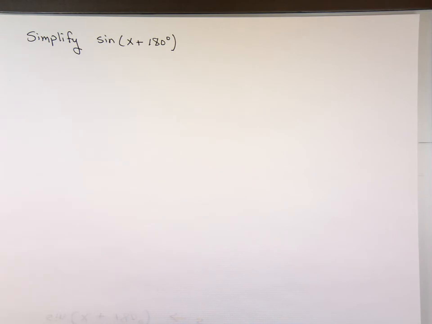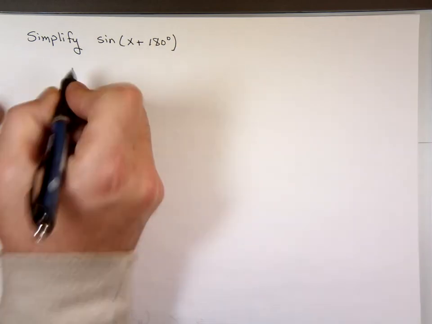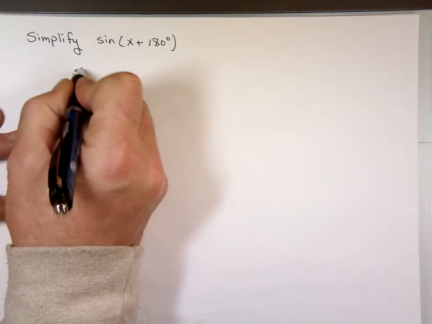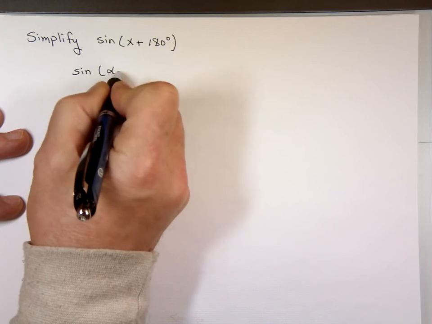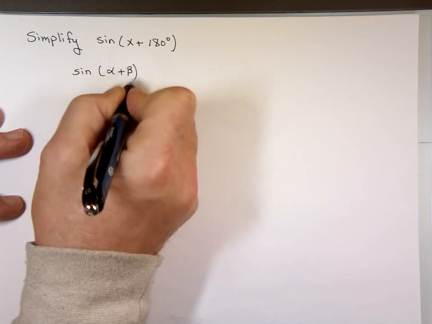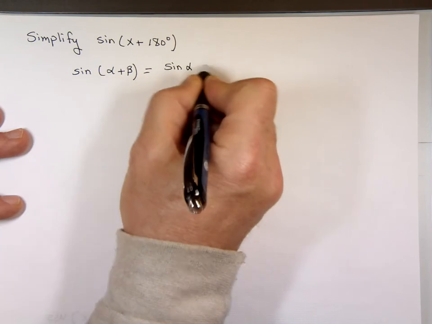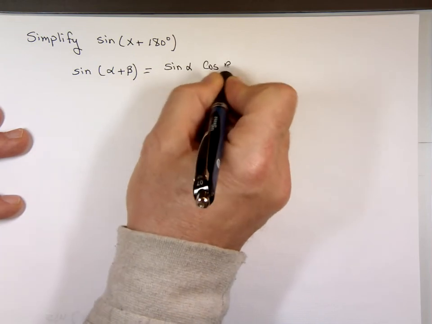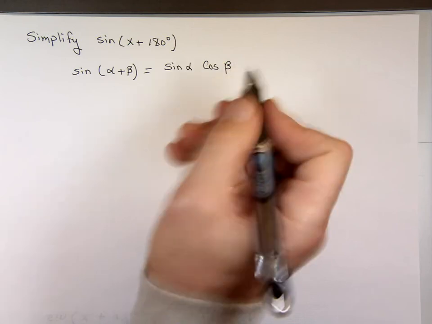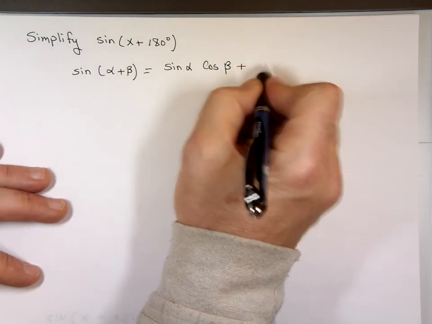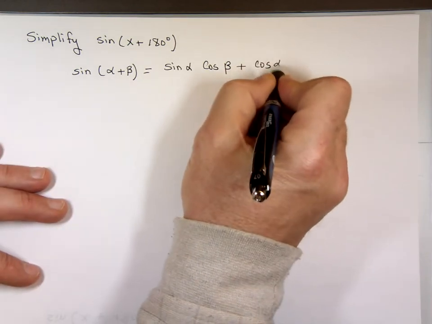Notice that fits sine alpha plus beta, because you have addition there. Again, the rule for that is sine alpha cosine beta plus cosine alpha sine beta.